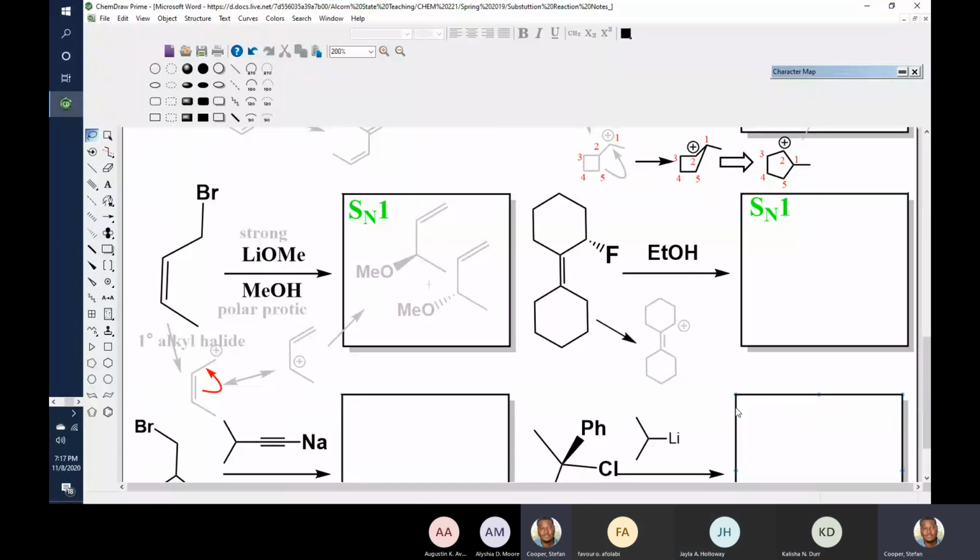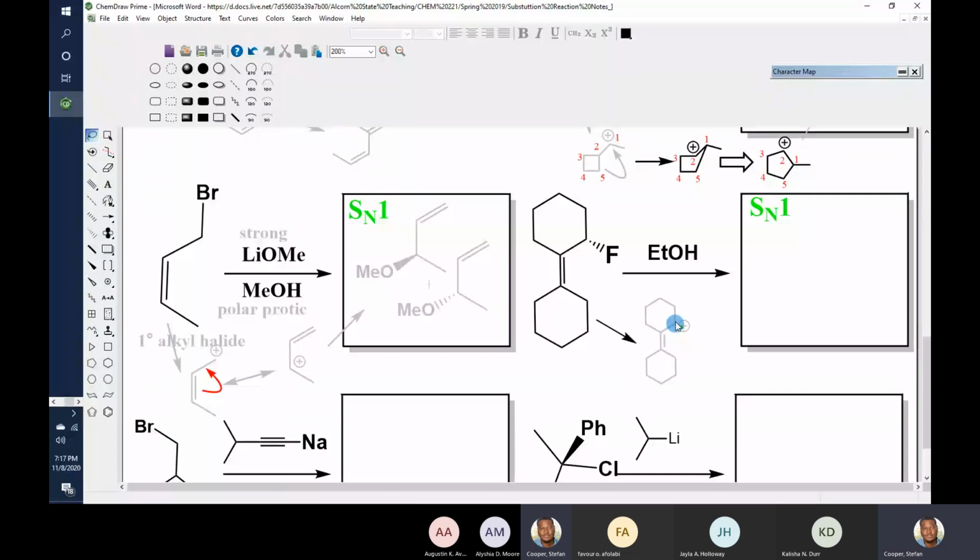Take a look at this. There is a hydride right here. This is the carbon that has a plus charge. There's a hydride next door, two of them. This could hydride shift, but if I did a hydride shift, I would generate a plus on that carbon. So I'll go from something that's secondary to something that's also what? Secondary. So hydride shift is no good.